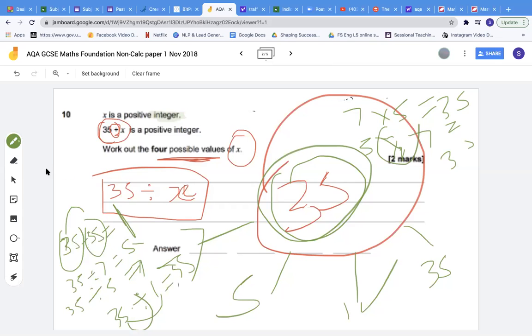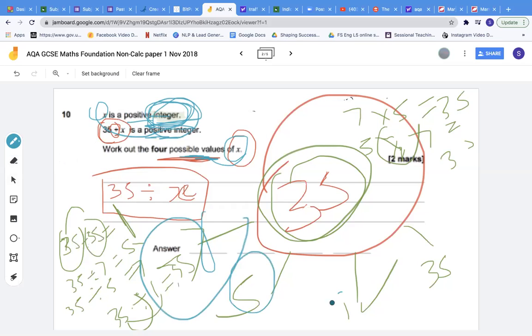So don't be put off by words like integers. As long as you know what the meaning is, and then you connect it back to the question, and it's saying that there are four values of x, and x must be a positive integer. So you got 7, 5, 1, and 35.